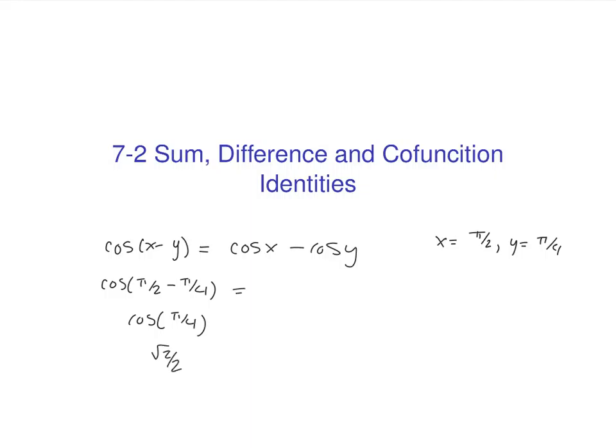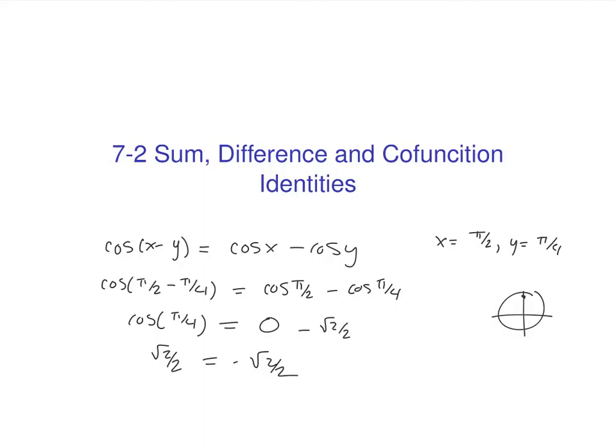And this would be cosine pi halves minus cosine pi quarters. What's cosine of pi halves? I think it's 0, right? Sine is y, cosine is x, yep. Do you see how you get something that's not actually equal?